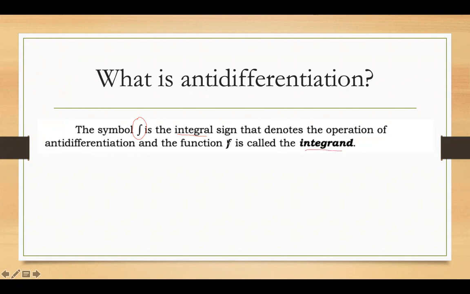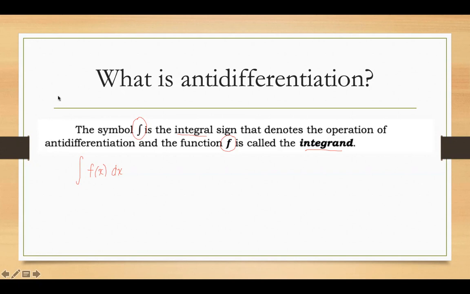I'm sorry, the function f is the derivative of the function you are looking for. To properly write anti-differentiation, we do it this way: the integral of f of x, and there must be a dx here, because if you can remember, when we solve for the derivative of a function, we always keep in mind that we have dx, right?